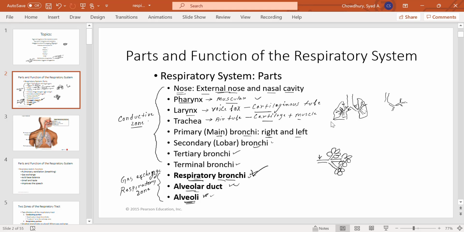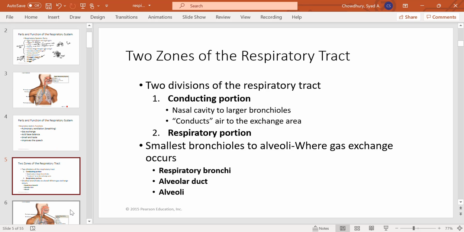Okay, so respiratory bronchi, alveolar duct, and these are alveoli, and this is a sac, alveolar sac. So inside the sac you have many alveoli. This is another alveolar sac. This is another alveolar sac. Make sense? Okay. So the two zones I have already explained.